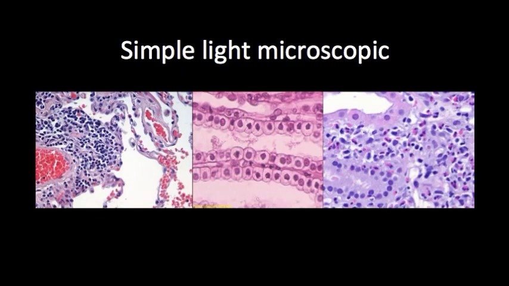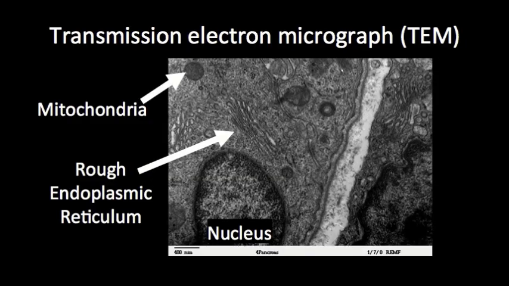But the vast majority of times we look at light microscopic pictures of tissues and cells. And here you go, 3 different cells, all viewed with a light microscope. The black in each of these are the nuclei in the core of a cell. And we'll talk more about nuclei in a minute. And here's a transmission electron microscope view of a cell.